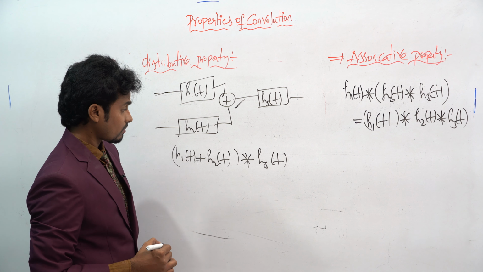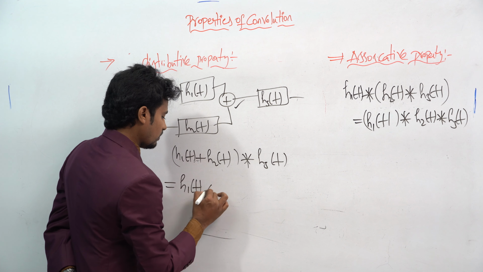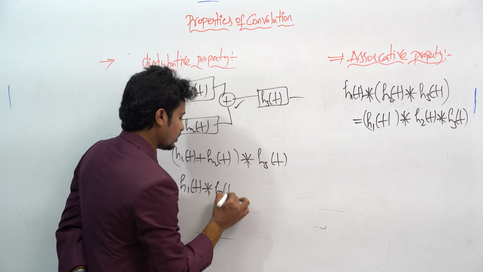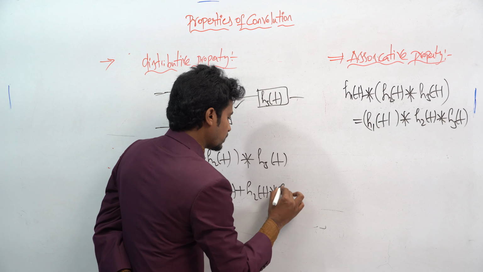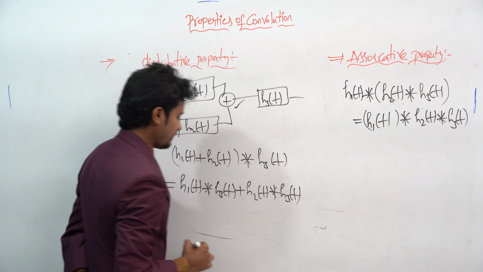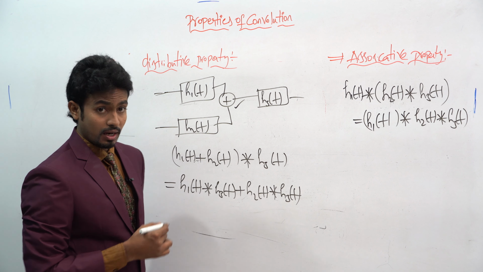Okay, now if you take h1 of t convolution with h3 of t plus h2 of t convolution with h3 of t, the required diagram has to be changed like this.